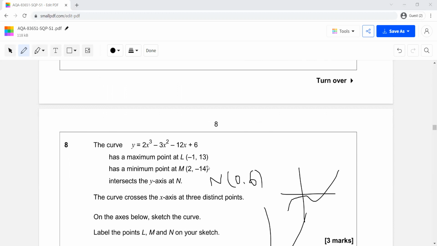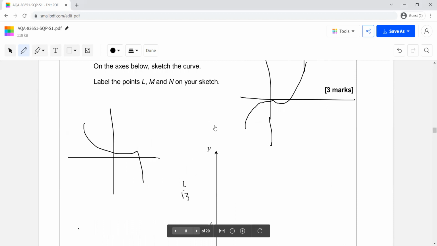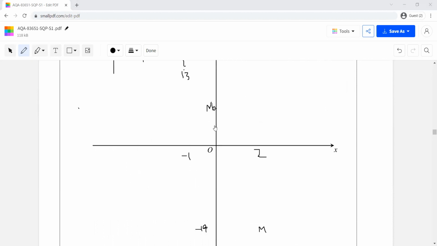Let me just think about how I'm going to do this. How would that look? It should look something like this, maybe.